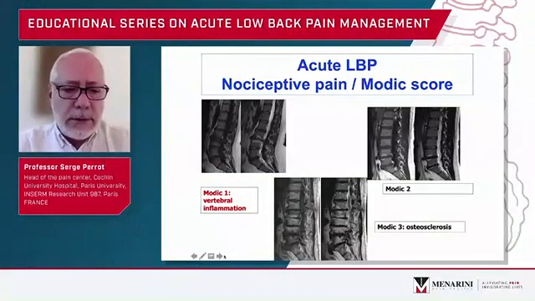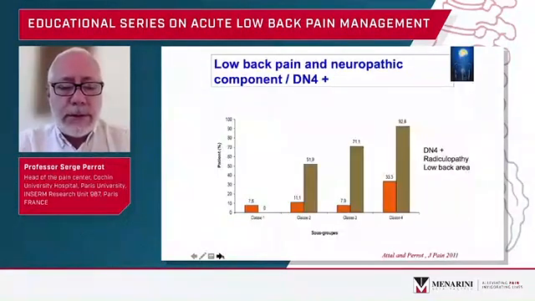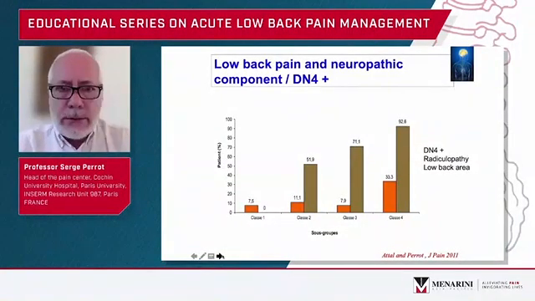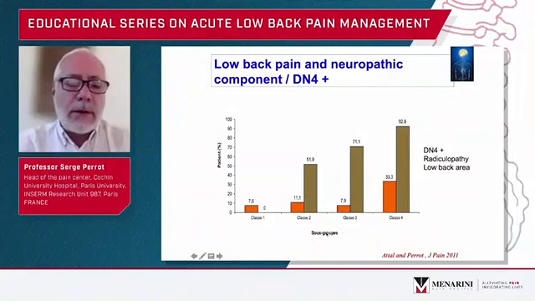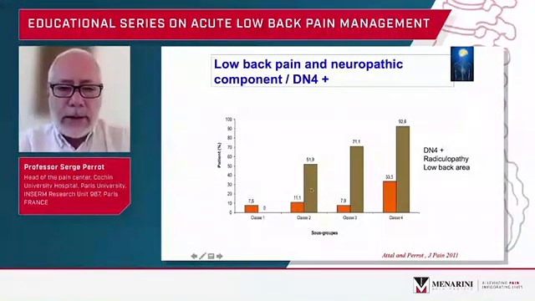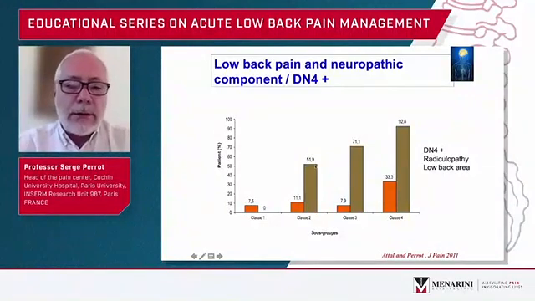But it's not only a nociceptive pain condition, because as you can see, in patients with back pain, we screened neuropathic pain mechanisms applying the DN4 questionnaire. The DN4 questionnaire was asked to the patient for the pain in the back, these are the orange bars, and also pain in the leg, these bars.